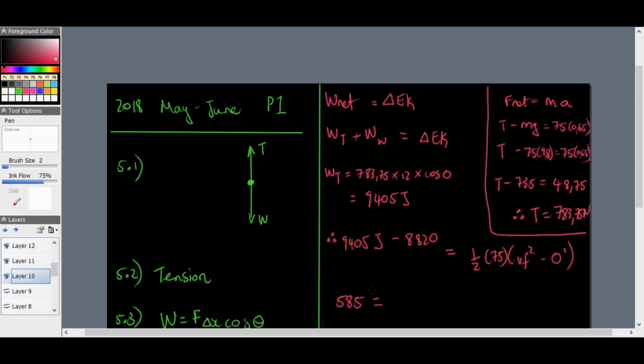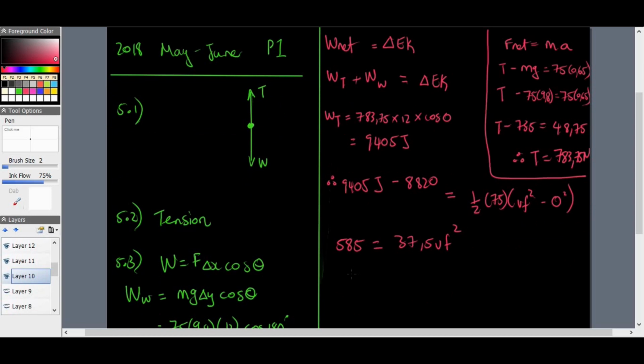And half of 75 is 37,5. So I have 37,5 Vf squared. So 585 divided by 37,5 gives me an answer of about 15,6. Vf squared is equal to 15,6.